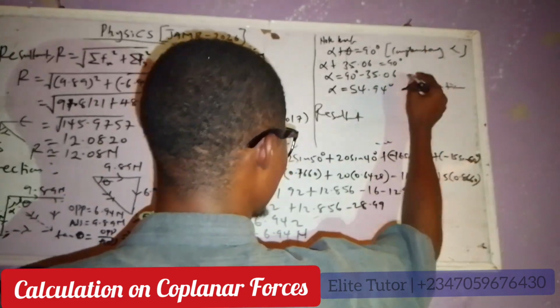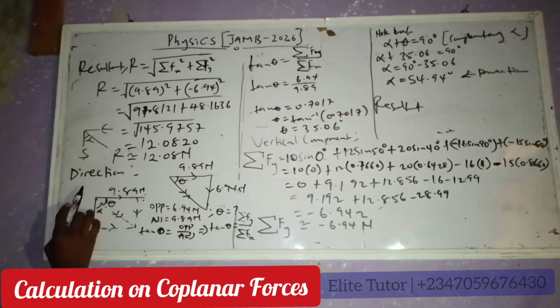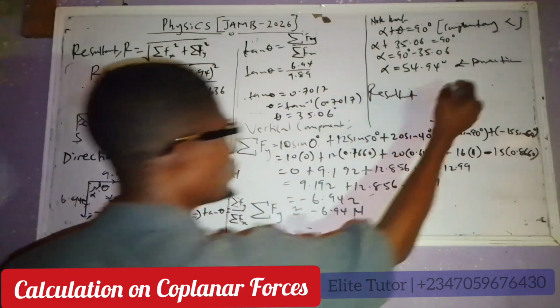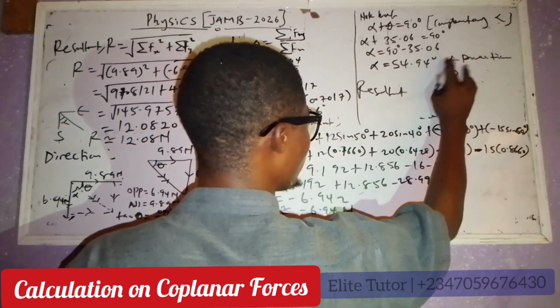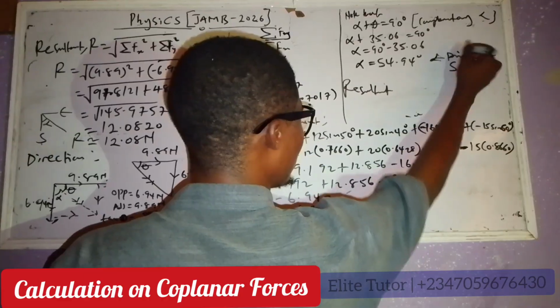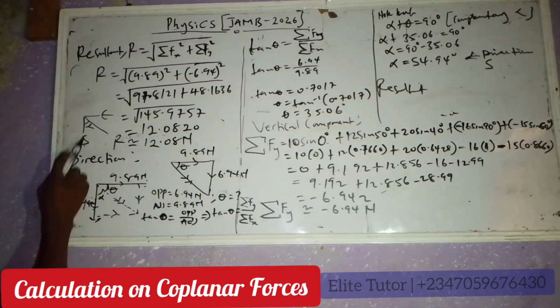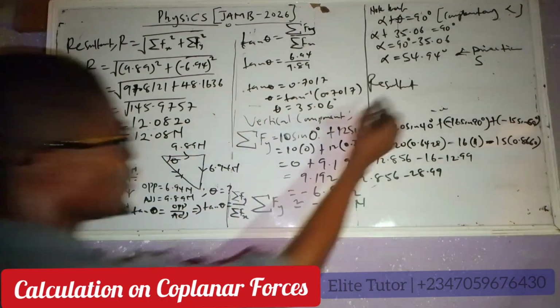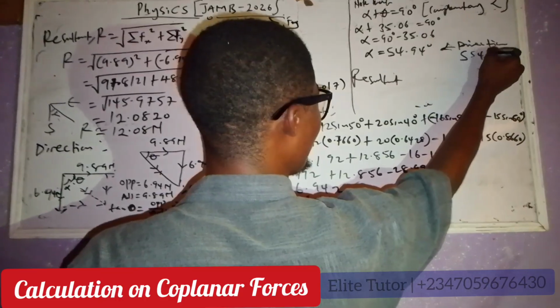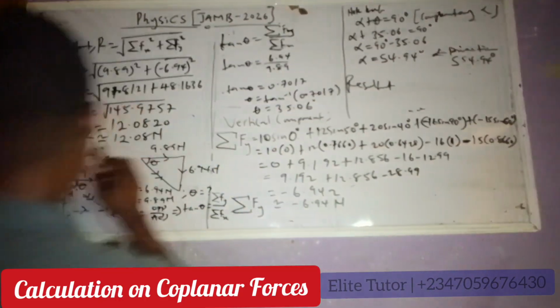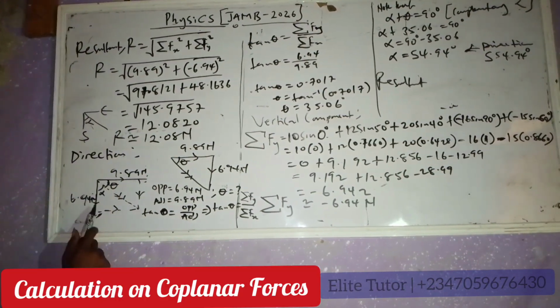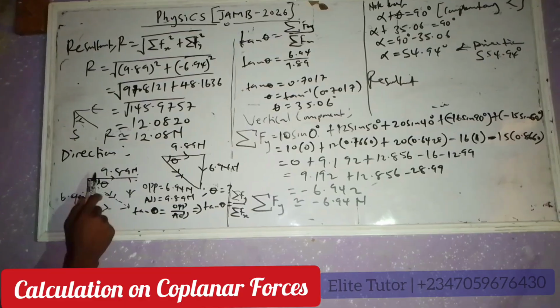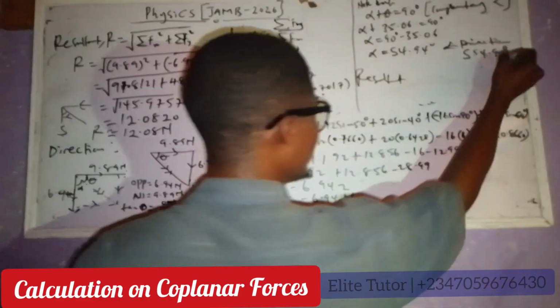Our direction is south. South what? What do you get for alpha? 54.94 degrees. South 54.94 degrees east.